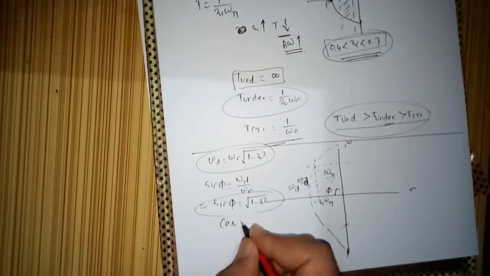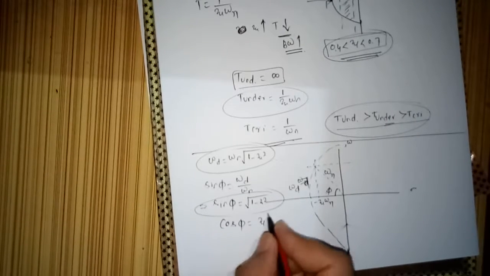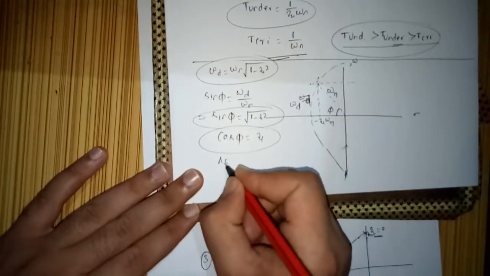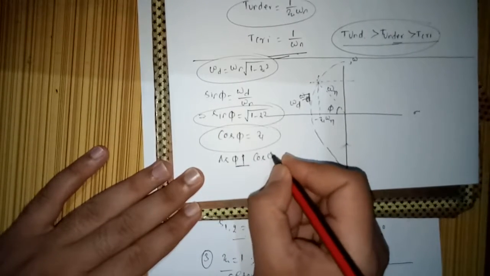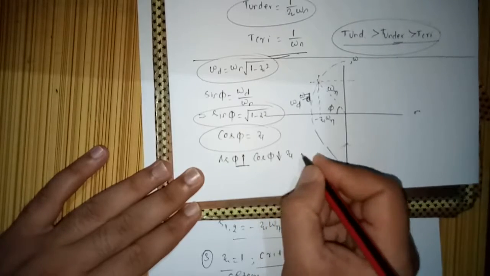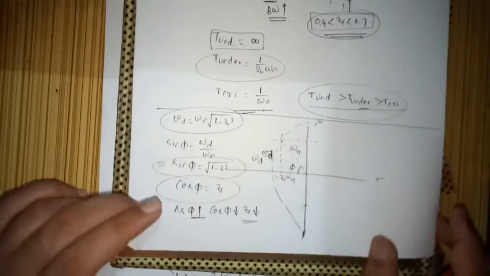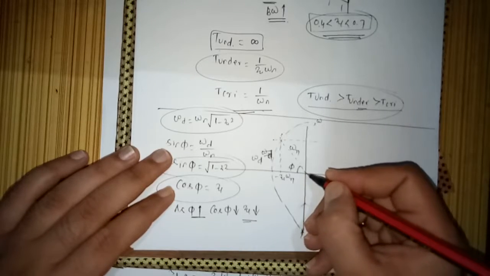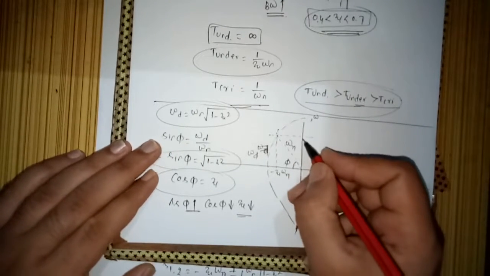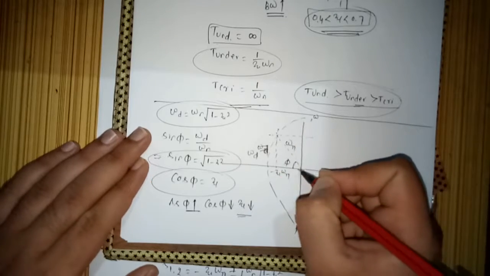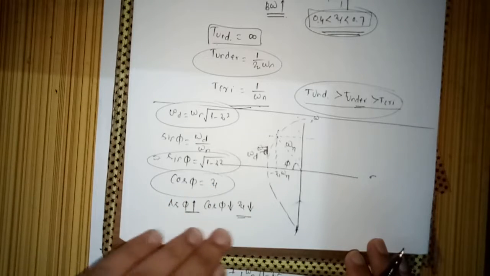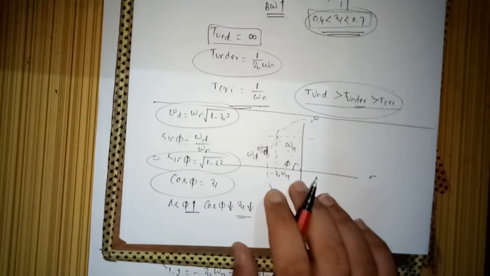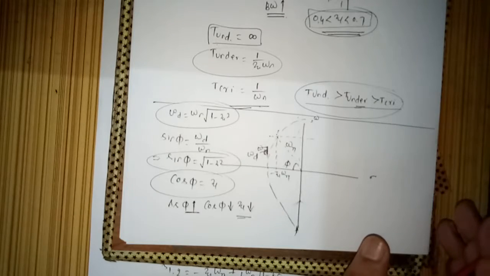So I can write cos phi is equal to zeta, right? So as phi increases, cos phi decreases, zeta decreases. That means if phi is increasing, like this line is more inclined to the vertical axis, then the zeta value is decreasing. That is what I can identify by using this phi concept, right?